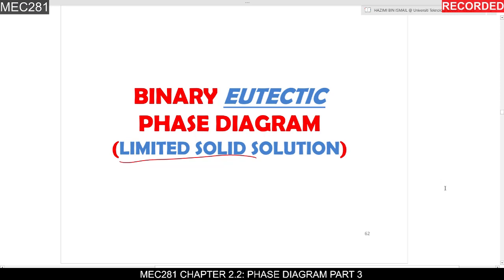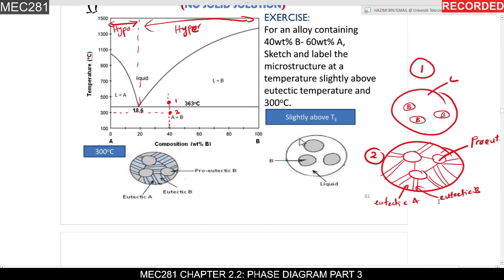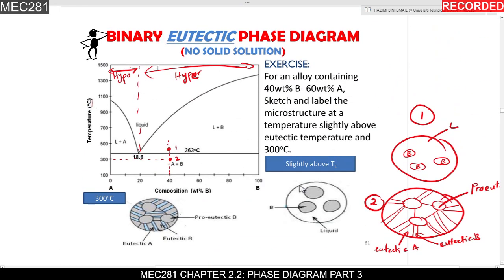Okay, so this is part 3 for this video of subchapter 2.2, phase diagram. In the previous video, we learned a little bit about the binary eutectic phase diagram, and that video focused on no solid solutions.